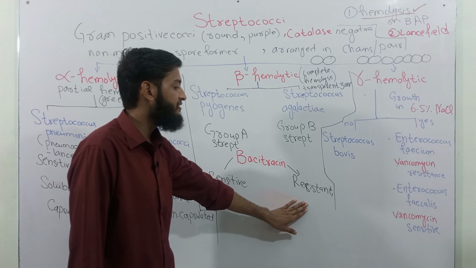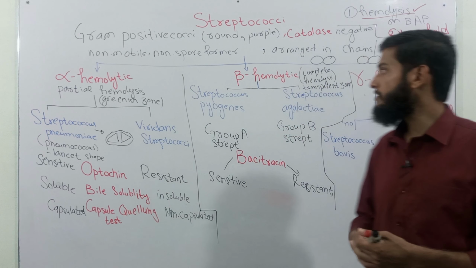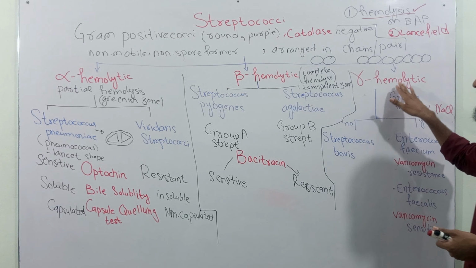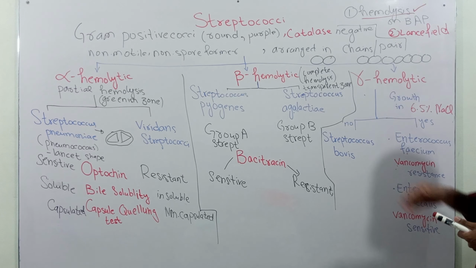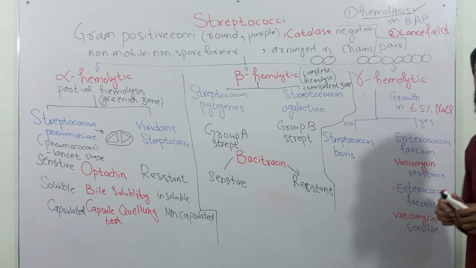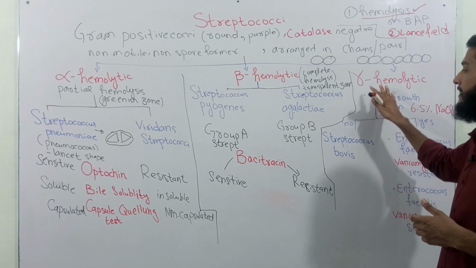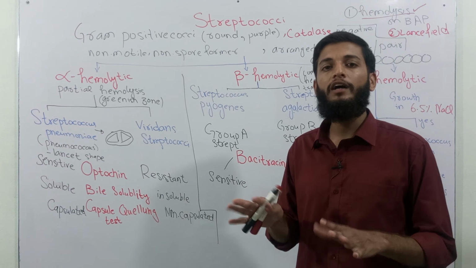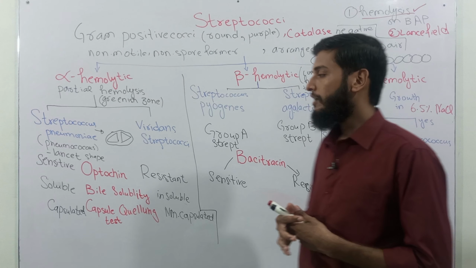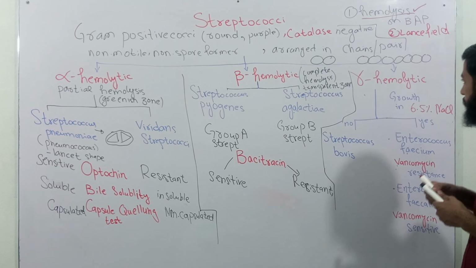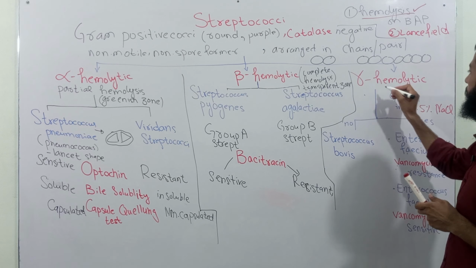Now coming to the third group of streptococci, which is known as gamma-hemolytic streptococci. Gamma hemolysis means no hemolysis. That means these streptococci cannot break down red blood cells, completely or partially. They cannot break down red blood cells at all. So gamma hemolysis is no hemolysis.